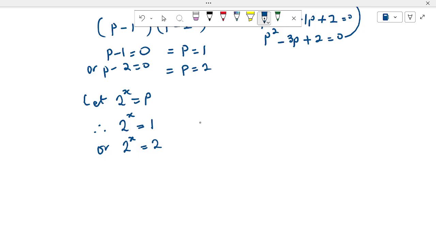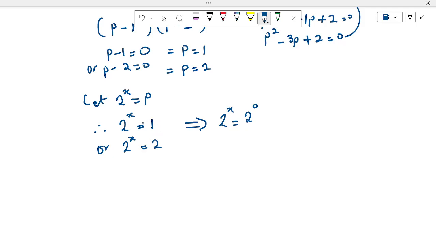In this first scenario, we can say that 2 raised to power x is equal to 2 raised to power 0. Bring both of them to the same base so that you can equate the powers. This is 1. Anything raised to power 0 is 1.